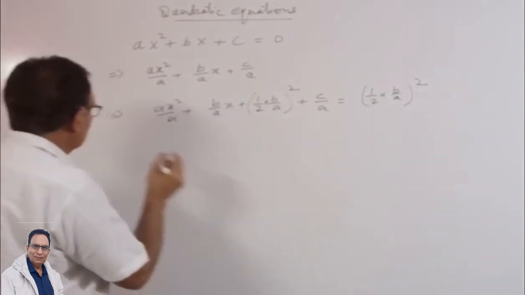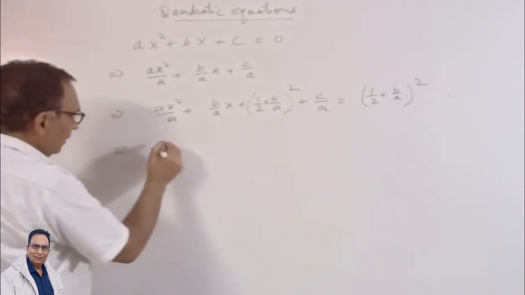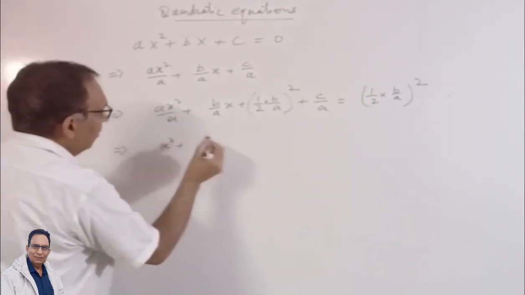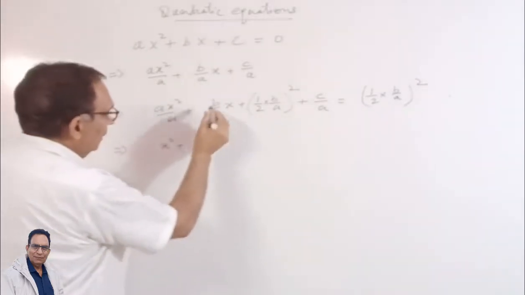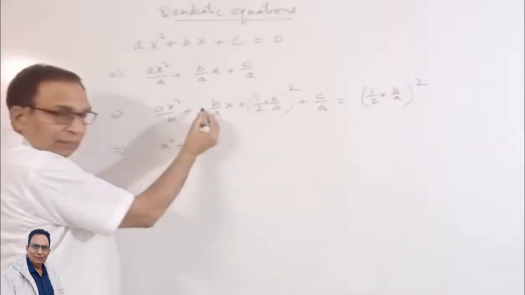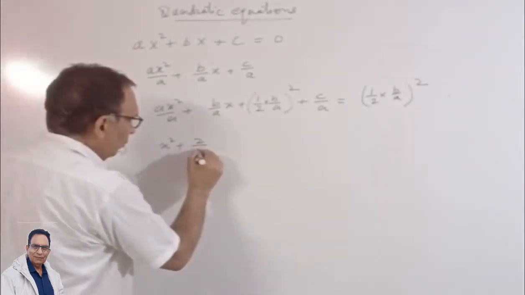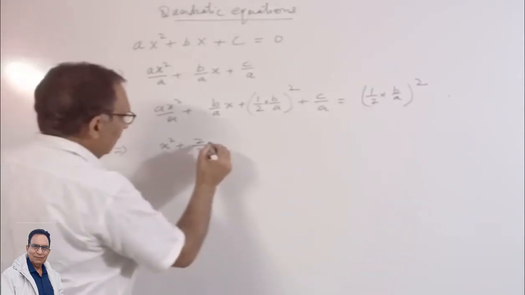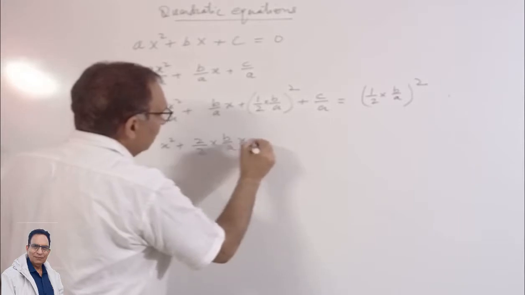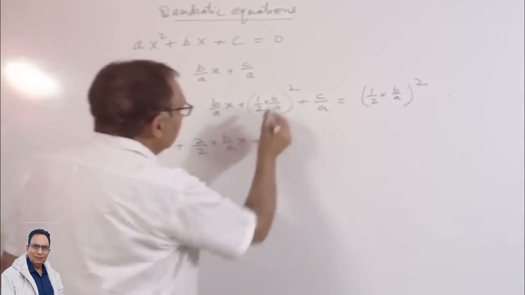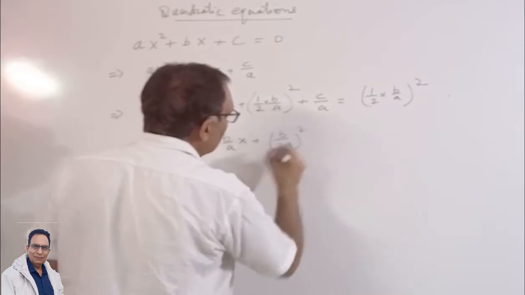Now here a is cancelled, you are getting x square plus, one thing you have to do to get 2 over here. Why we are getting 2, I am going to explain, but before that I am writing 2 over 2 into b over a x plus b over 2a square.